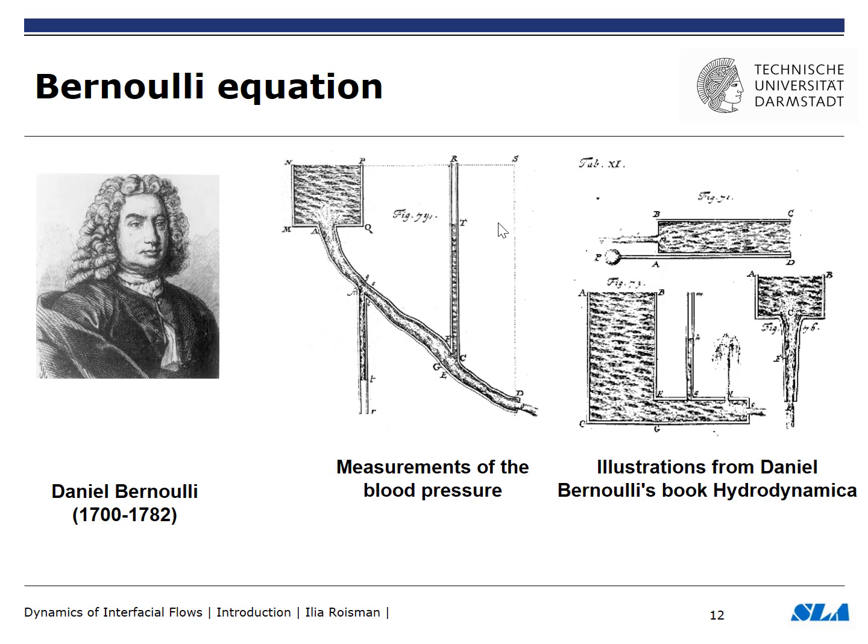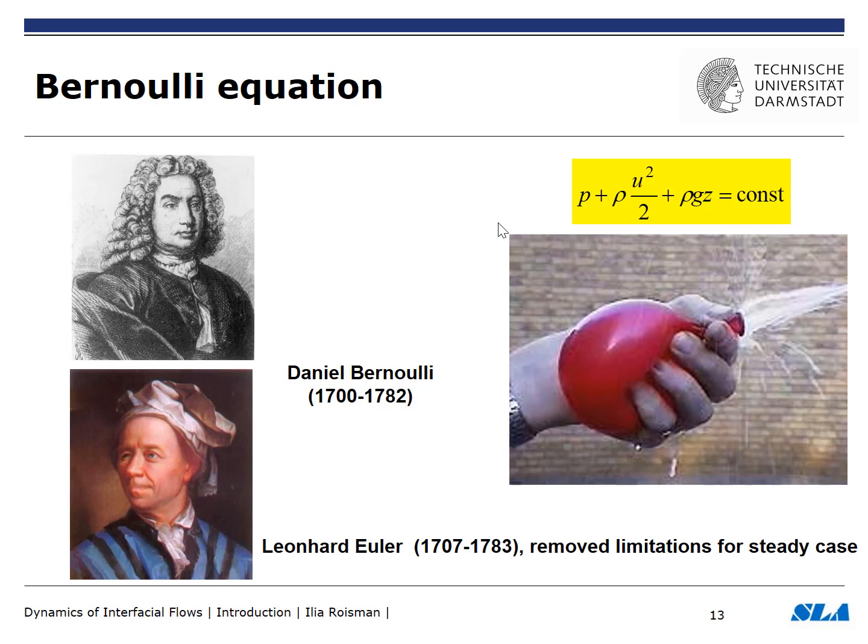Actually, I am very thankful to modern science which invented a modern apparatus for blood pressure measurement. So what we know about Bernoulli is his well-known Bernoulli equation, and we like this because this is one of those equations which help us to solve real problems.